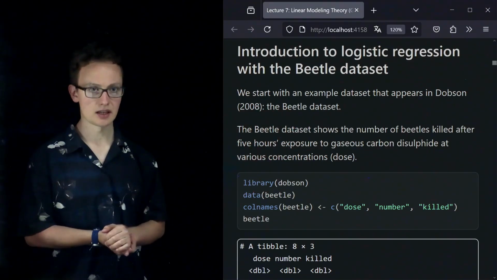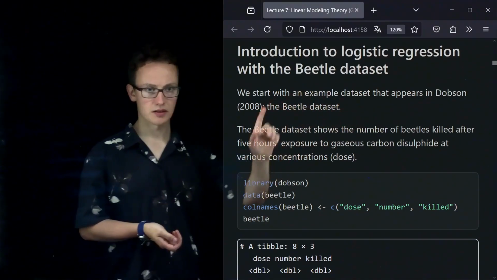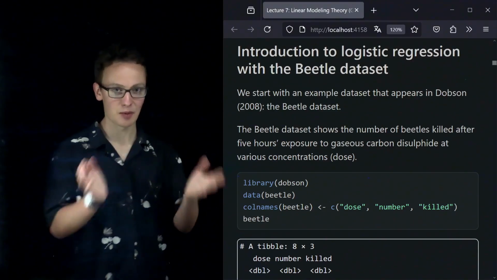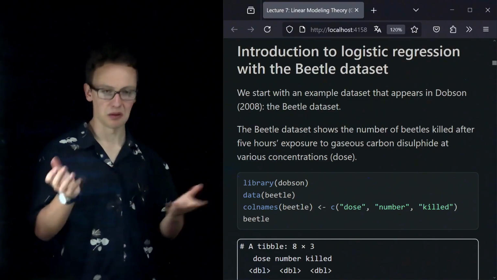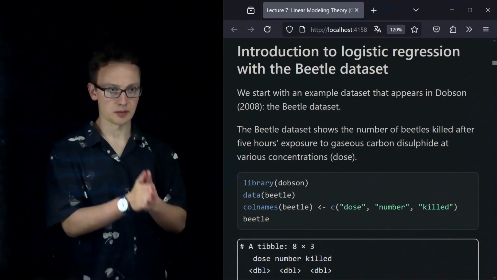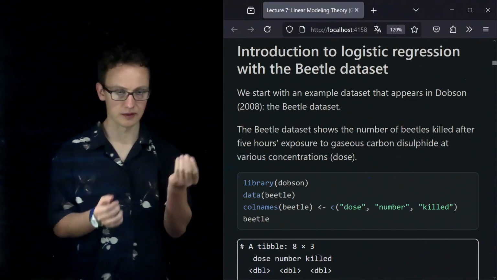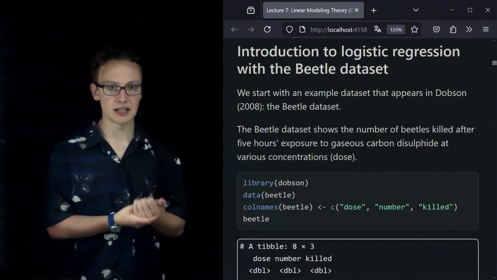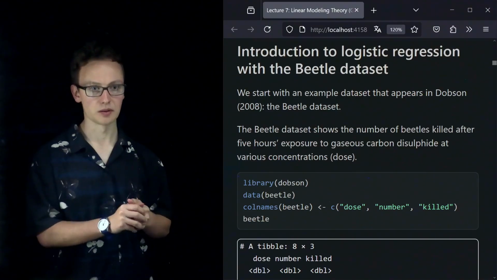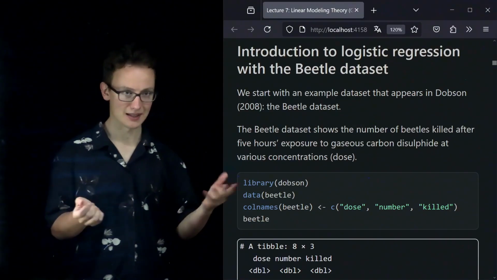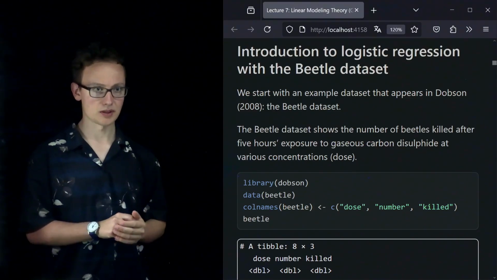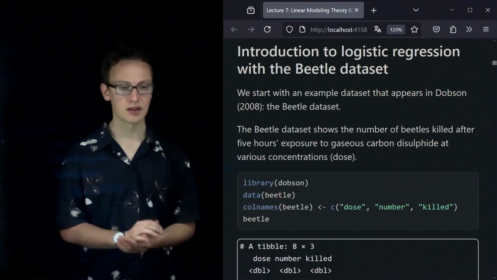The Beetle dataset is from a study by Dobson 2008, and it basically summarizes the results of a biological experiment where people were studying some kind of beetle, some kind of insect, and particularly how they react to a certain poisonous gas like carbon disulfide, to which they were exposed over a duration of 5 hours.